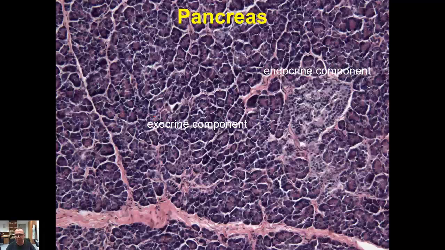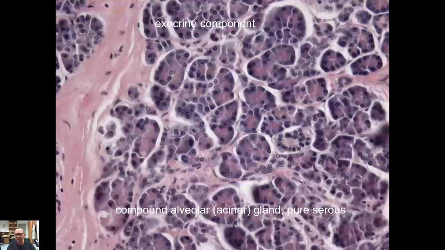Exocrine component, which I'll take as a first, is, as you can read in this slide, a compound alveolar or acinar gland with purely serous secretion. This is a typical classification of this gland.